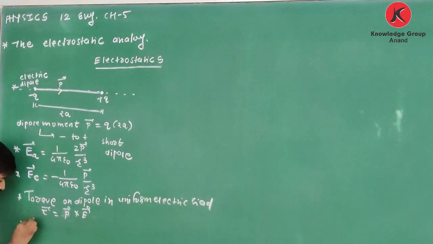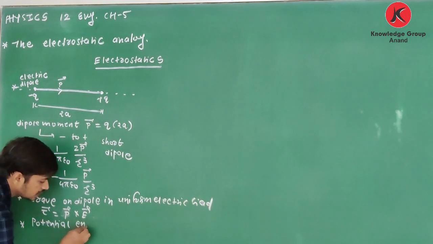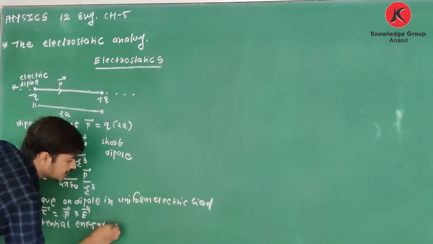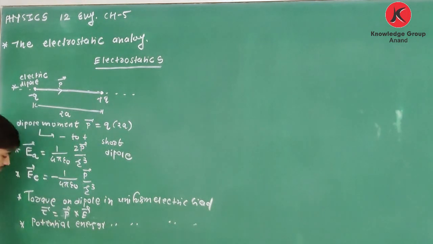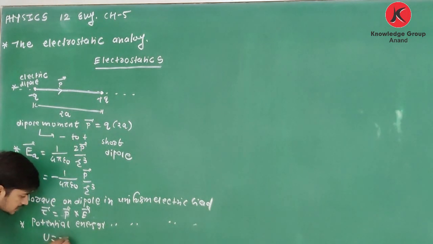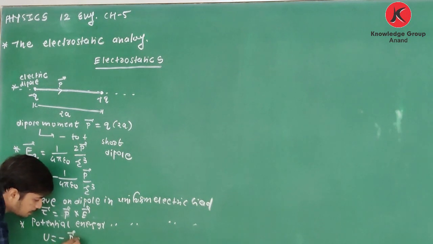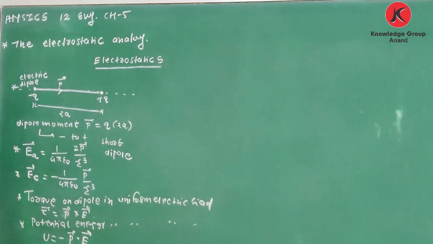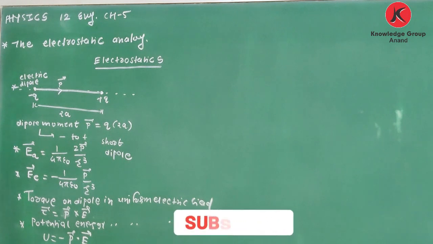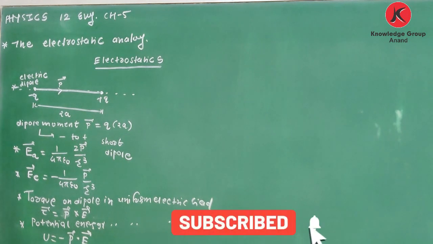And what is the potential energy, again in a uniform electric field? The potential energy U is equal to minus P dot E. Yes, you know each and every topic.